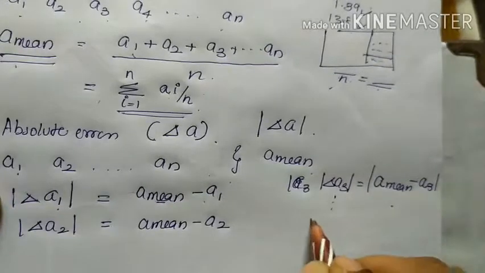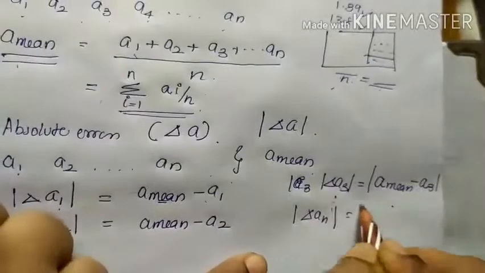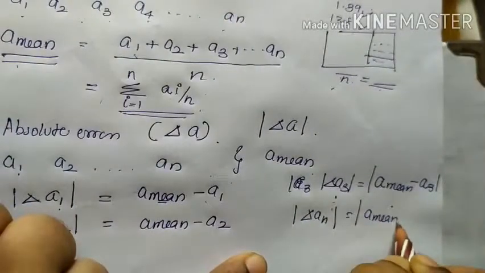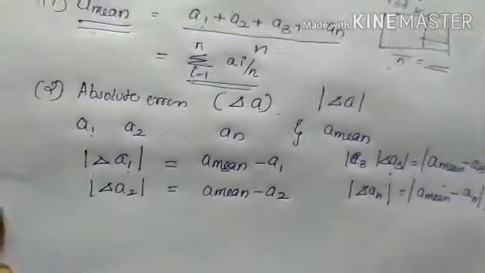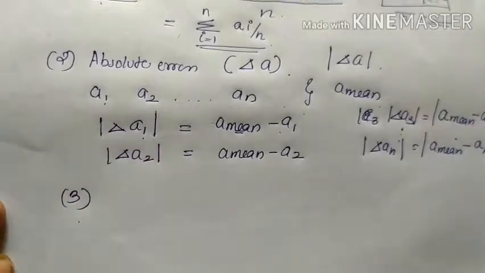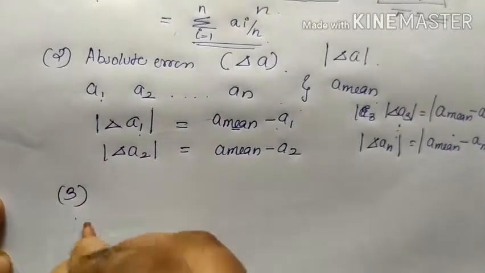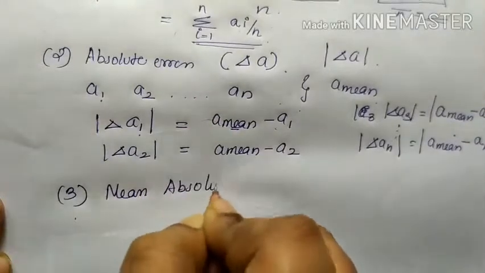Right, it goes on. What is the modulus of the nth value's error? Absolute error will be the true value minus its measurement. Right, clear?